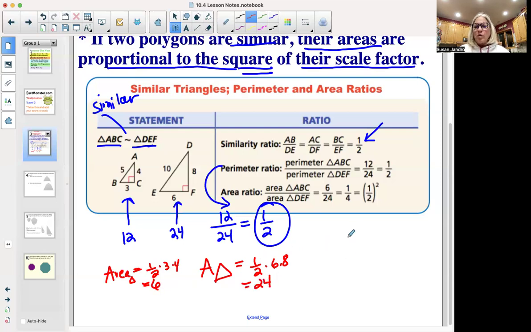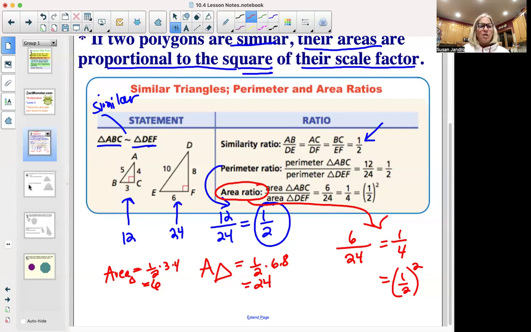So now when we put the area of the little triangle over the bigger triangle and reduce that, we get 1/4 is the ratio of their area, which isn't the same as the other two, but actually 1/4 is 1/2 squared. So the area ratio is their scale factor, or their similarity and perimeter ratio squared.